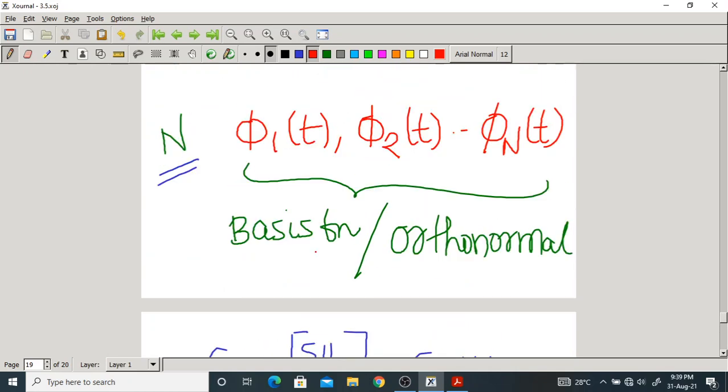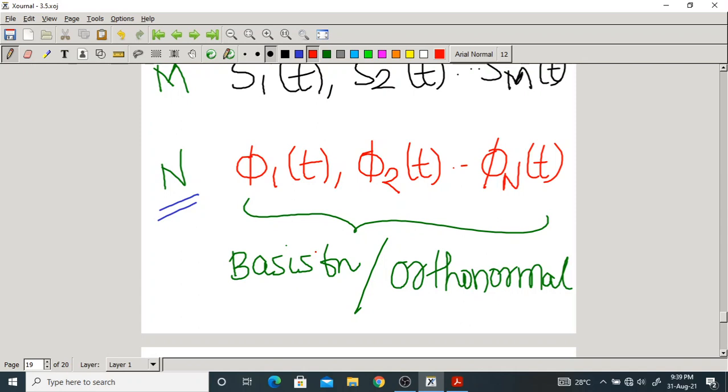Here, n-dimensional means we need n axes. What are the axes? These basis functions will act as axes. Why do they act as axes? Because they are orthonormal. All the axes should be mutually perpendicular to each other.